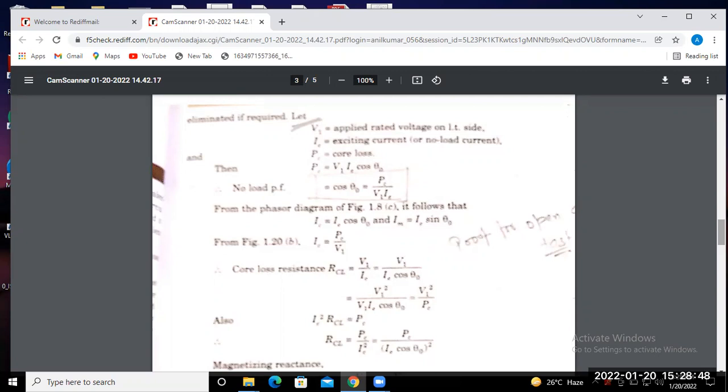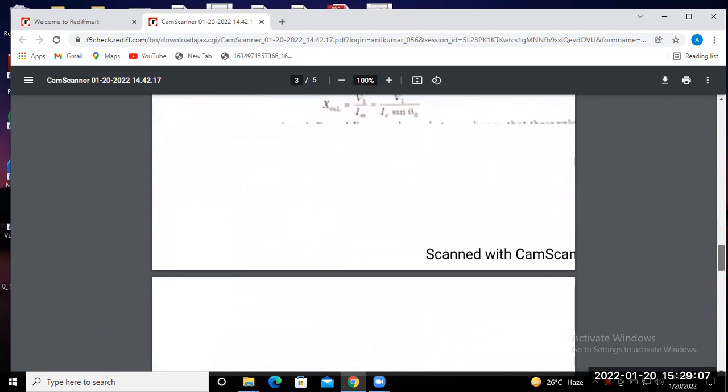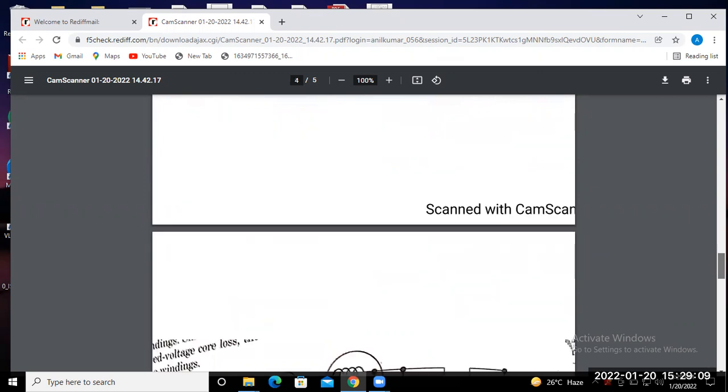The connection is just the reverse of the no load test. Whatever instruments we require for performing the short circuit test are connected towards the HV side.